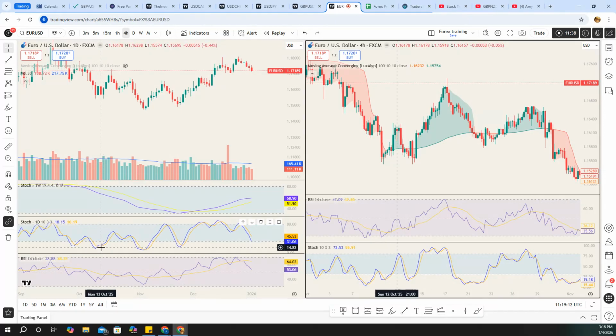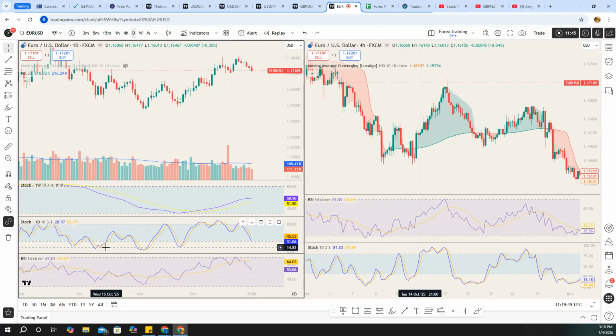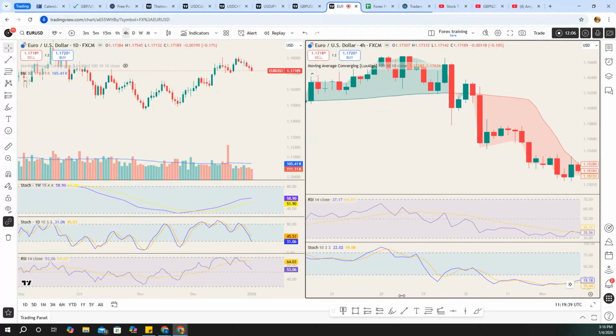So I would be moving until this point. So this is the point where I will buy. I will wait until the RSI is above its MA, above the 50, and this needs to be green. So I would be taking the trade on the daily at this point, and it needs to be at 6 o'clock a.m. as well.